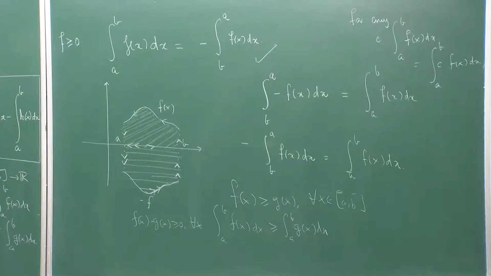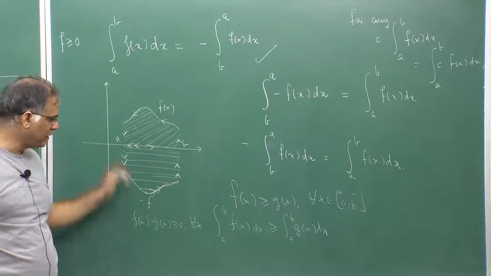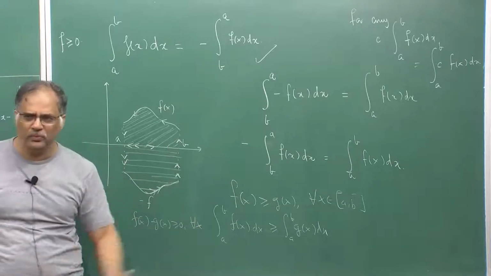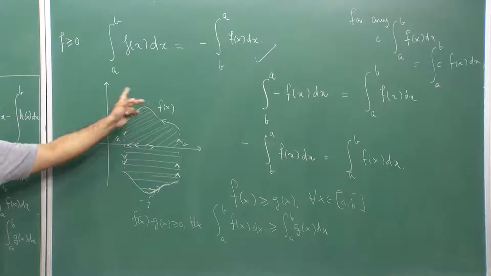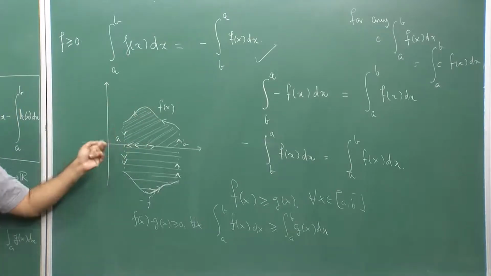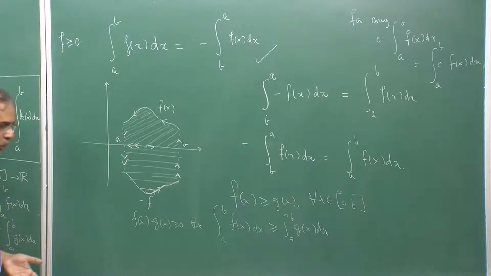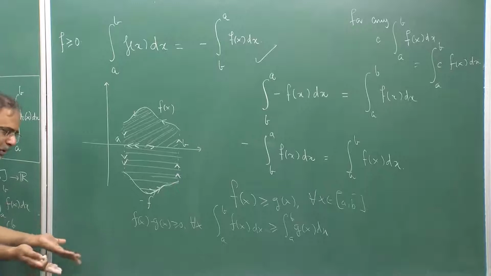So we are going by the convention that if A is strictly less than B, and if I move from A towards B, I am actually moving in counterclockwise direction when the function is non-negative. And in that case, what is happening is that by my convention, the area is non-negative.